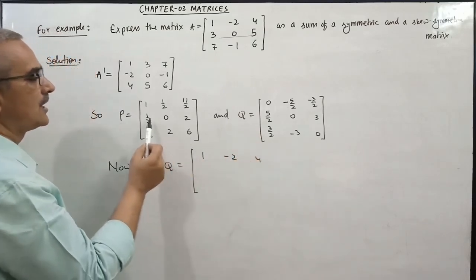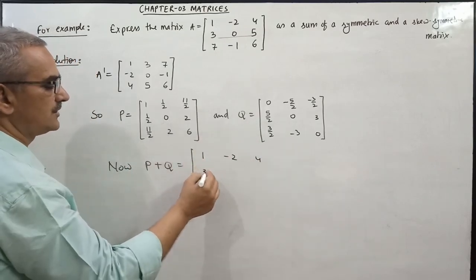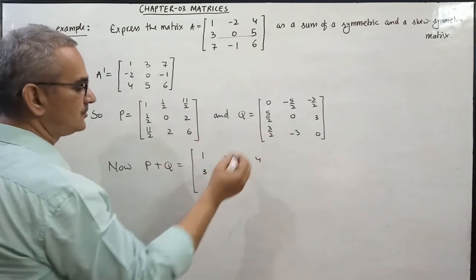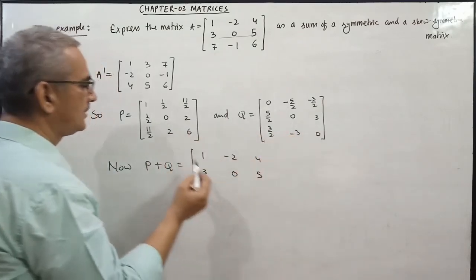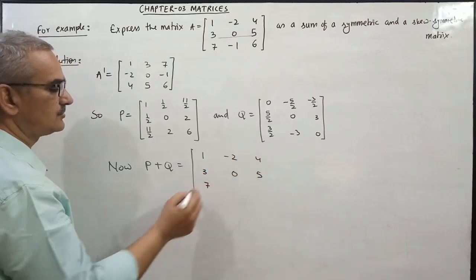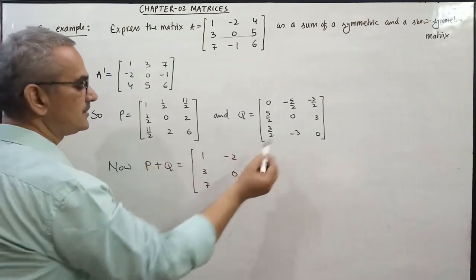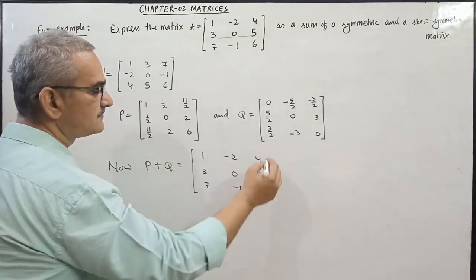Okay. Half plus 5 by 2 will be 6 by 2, that is 3. 0 plus 0 is 0. 2 plus 3 is 5. 11 by 2 plus 3 by 2 is 14 by 2, and 14 by 2 is 7. 2 minus 3 is minus 1, and 6 plus 0 is 6.